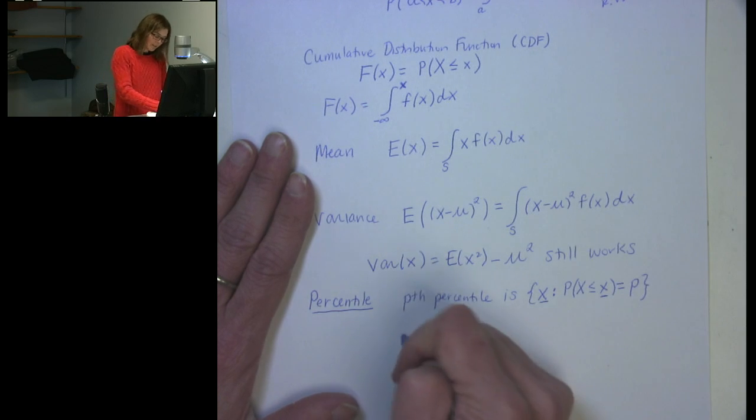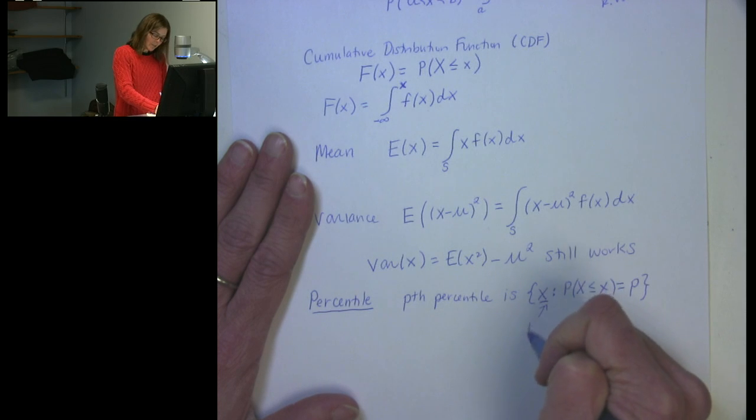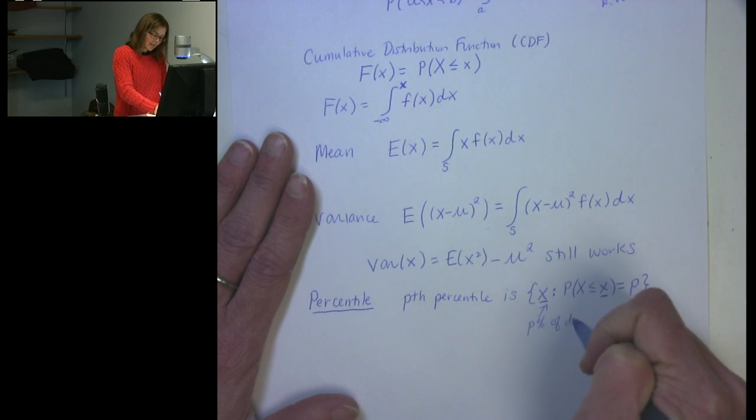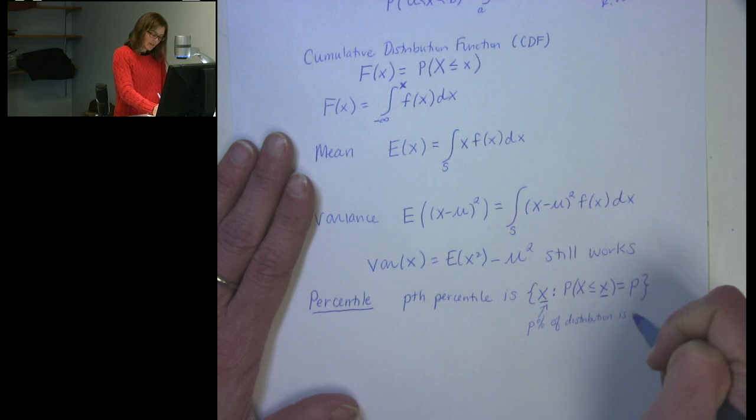So what this really means, if we think about it, is that it's the set of values for which p percent of the distribution is less than x.